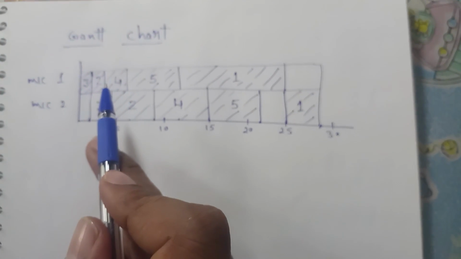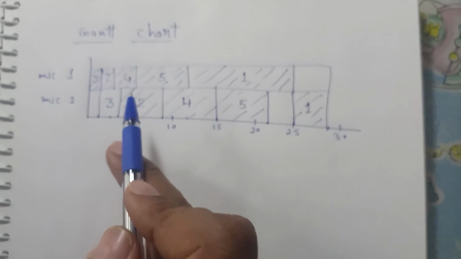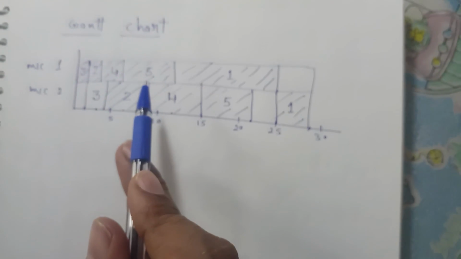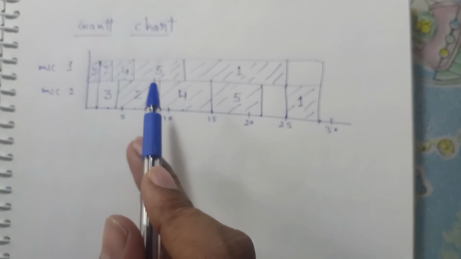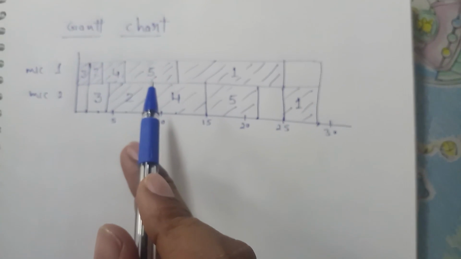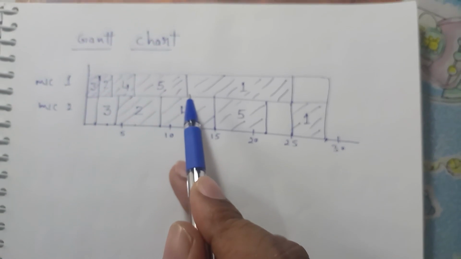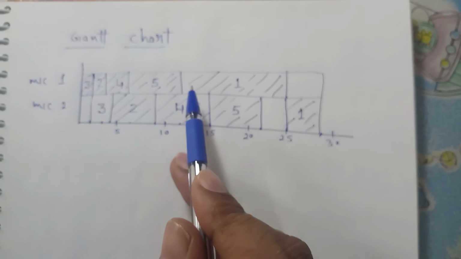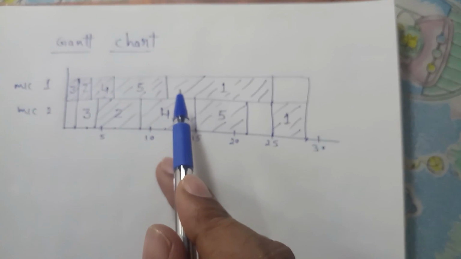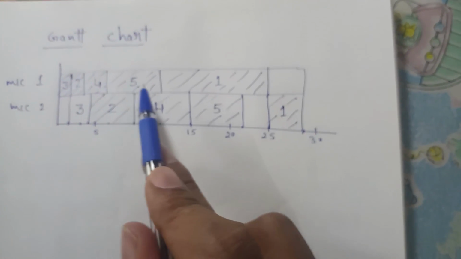Then the next job is job 4, which takes 7 minutes. Then job 5 takes 12 minutes. The last job on machine 1 takes 25 minutes. This is your chart for machine 1.